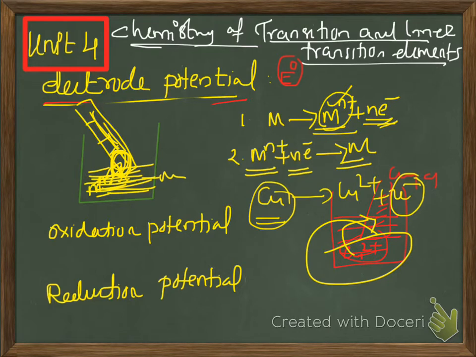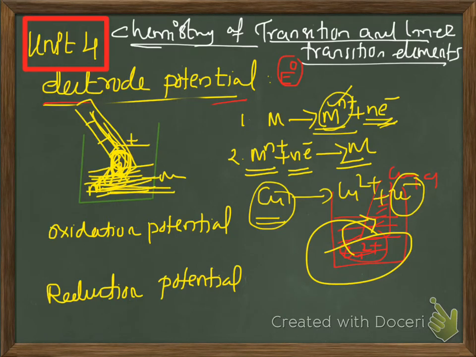For every metal ion reaching the electrode, that electrode needs to give n electrons. By giving the electrons, the rod becomes electron deficient and positively charged. In this condition, the electrode is positive and the solution is negative.